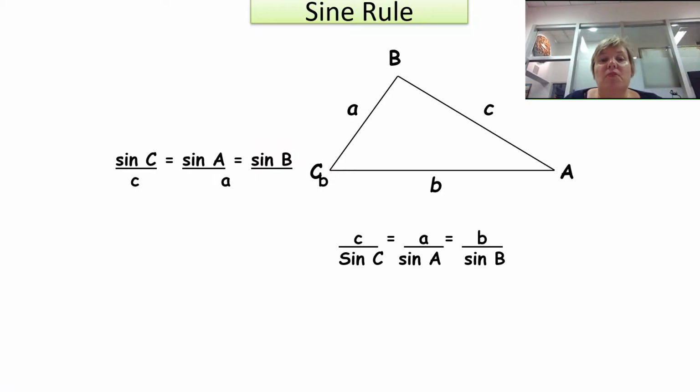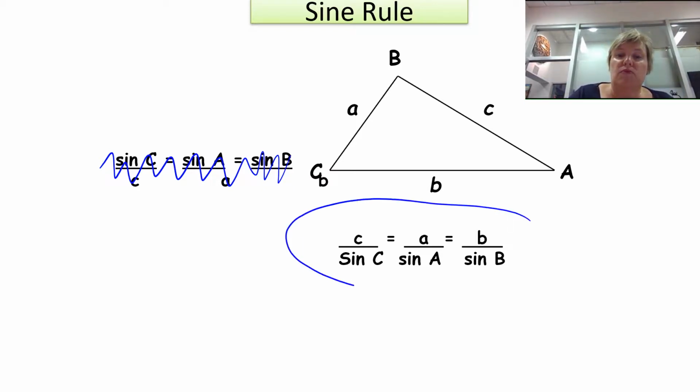Okay, the first thing to know about the sine rule is it looks incredibly complicated, and that can be a little bit of a pain. I'm just going to scribble this one out because unfortunately it's managed to morph itself. Okay, so we're going to concentrate on this rule here. One of the unusual things about the sine rule is you may notice it has two equal signs.